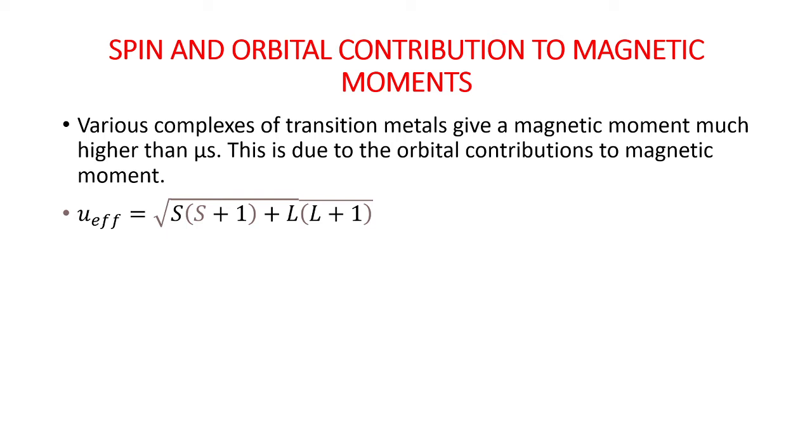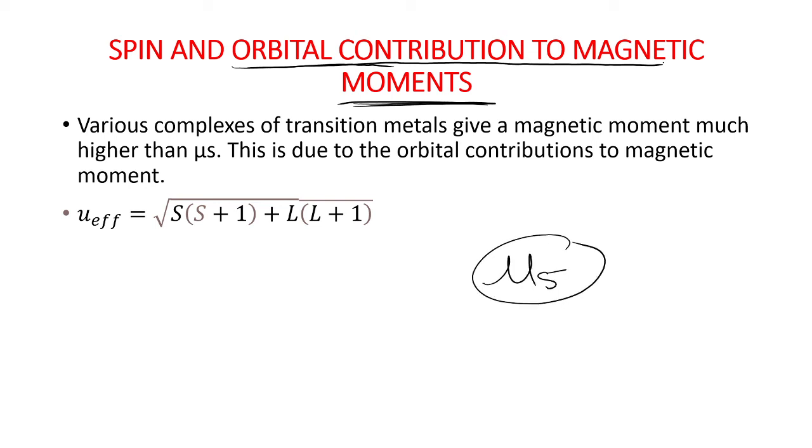For the first transition series elements, the orbital contribution to the magnetic moment is quenched, because the orbital contribution depends on the chemical environment around the metal ion. So the orbital contribution is quenched, that means neglected, in the case of first transition series elements. So we only calculate μs for the total magnetic moment.